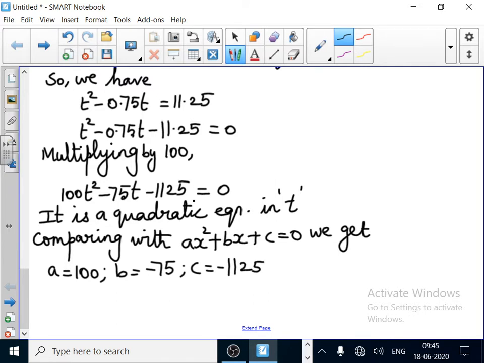Now we have to substitute in the formula. Or, where all the numbers are divisible by 25, we can divide it by 25 also.